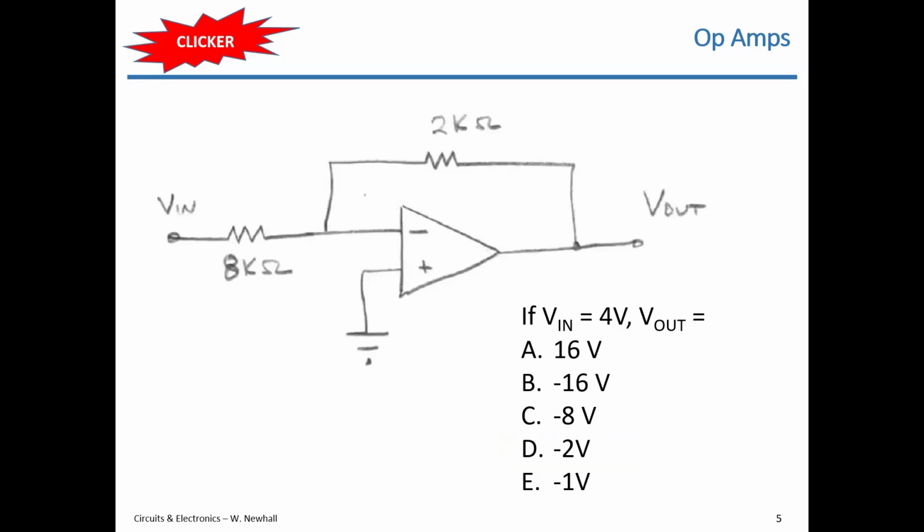Okay. So here's another op-amp circuit. This circuit has an input node voltage and output node voltage. If V in is 4 volts, what is V out?